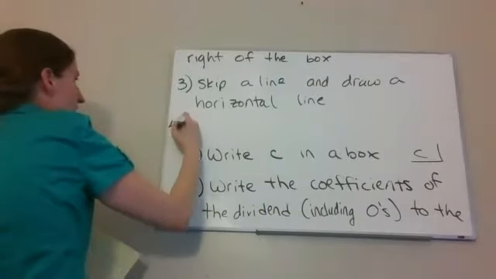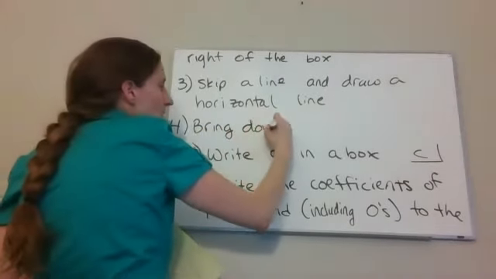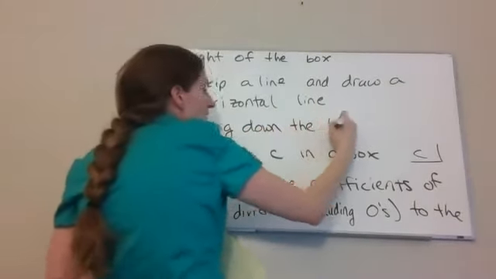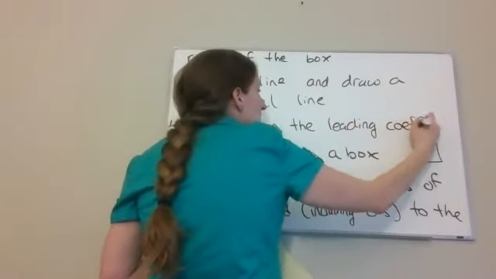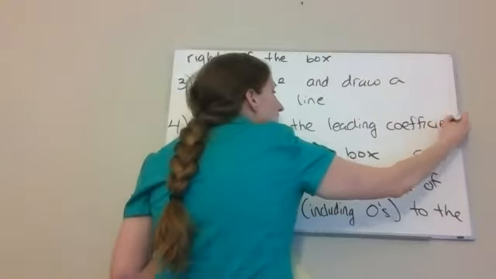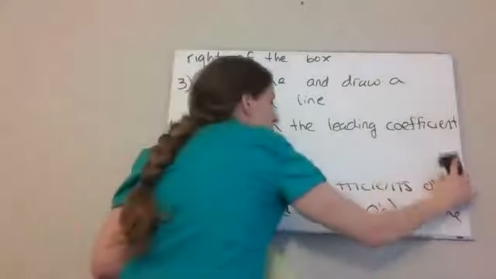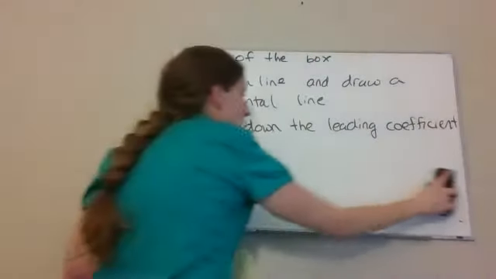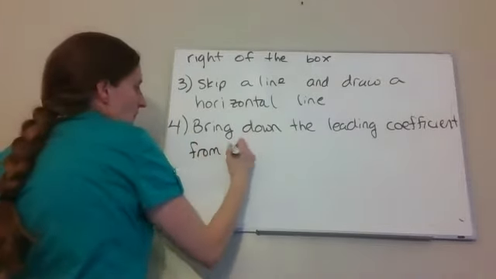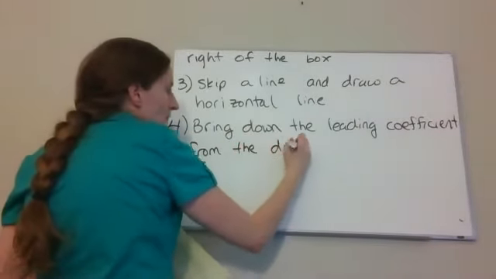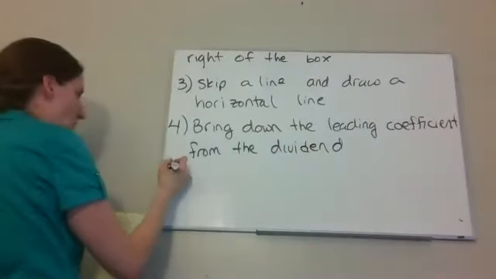Step 4, bring down the leading coefficient from your dividend. So that leading coefficient gets written below the horizontal line.